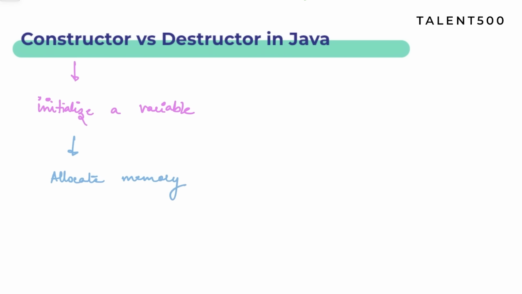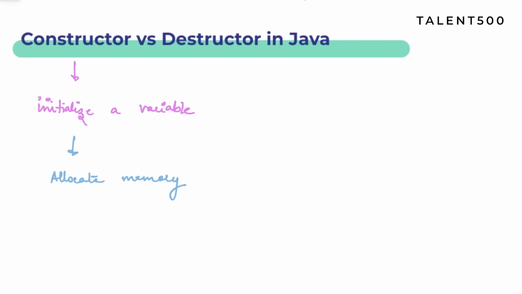Like, let us say some employee is giving a job interview. Before that, the company must have defined a place or a budget for that employee. Similarly, if you want to initialize a variable, we will have to allocate some memory for it. Then the next one which we have here is the destructor.